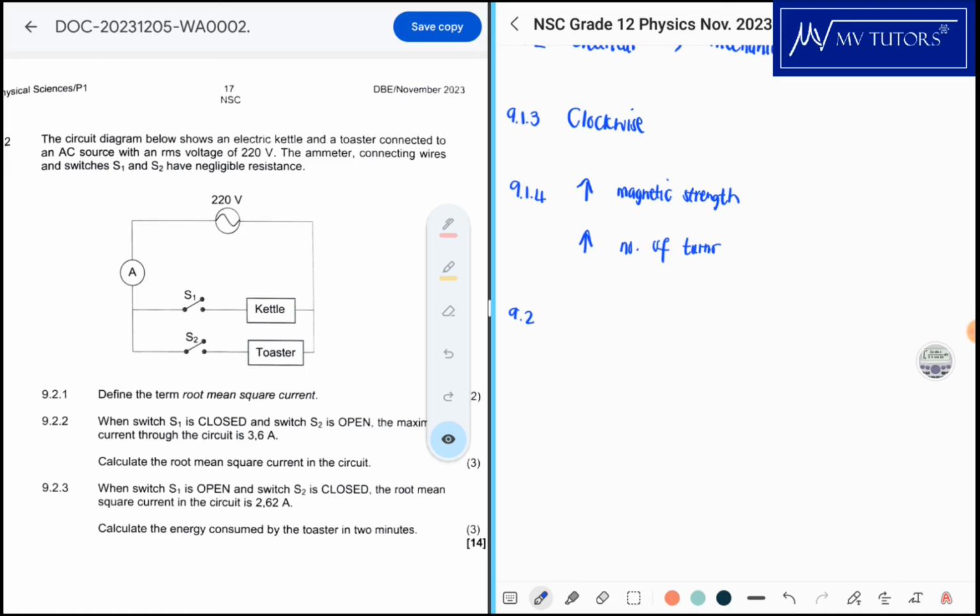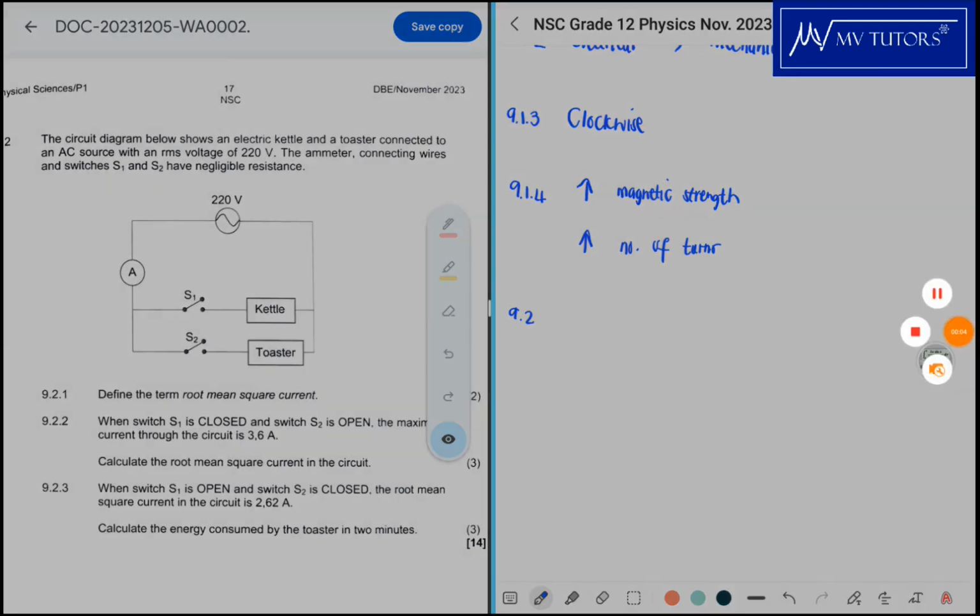Okay, so that's something that you should please note, the RMS voltage. All right, and then the ammeter, connecting wires, and switches S and 1 have negligible resistance. All right, okay, so now the first question, which is asked, says define the term root mean square.